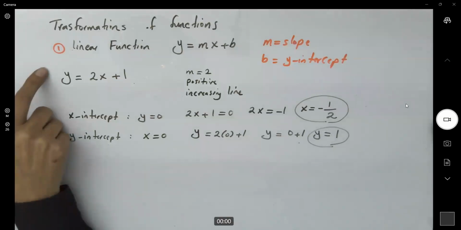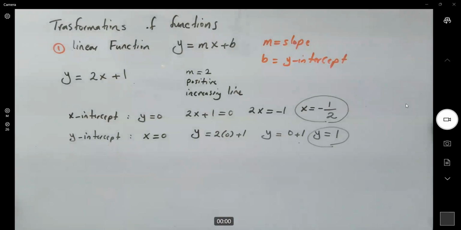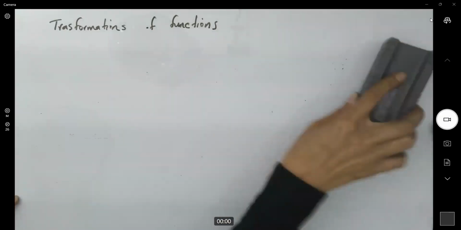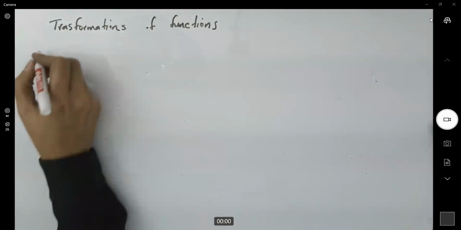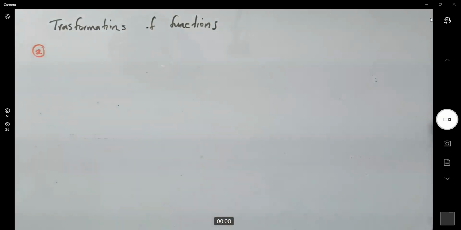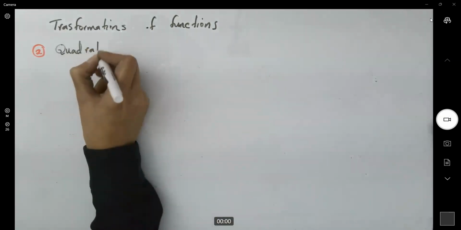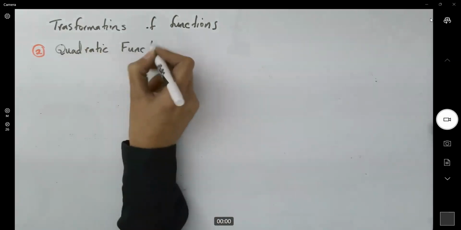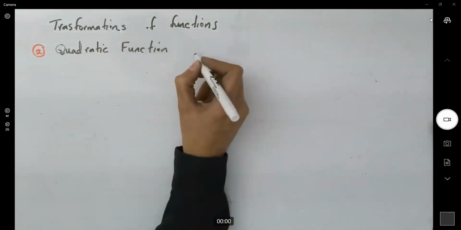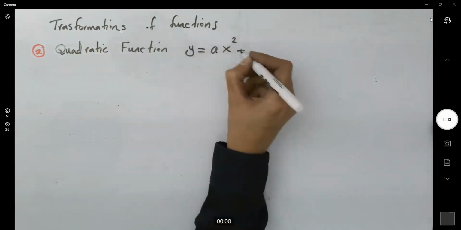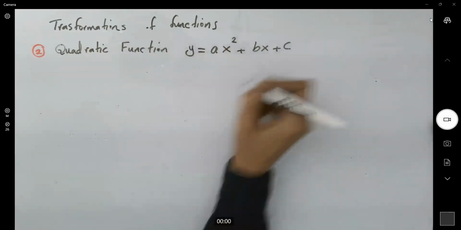The second function that we talked about was a quadratic function. The general form for a quadratic function was y equals ax squared plus bx plus c.